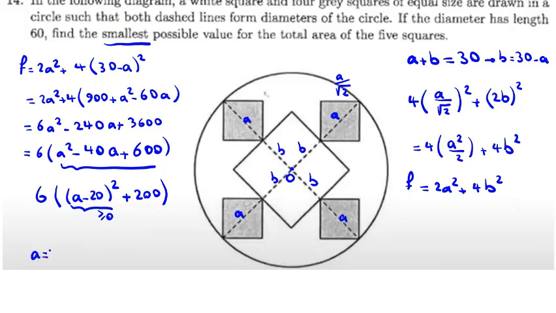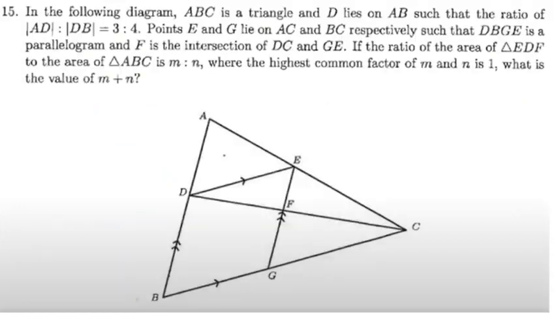So if a equals 20, then we have the minimum f, and it equals 6 times 200, which equals 1200, and this minimum happens when a equals 20, and because a plus b is 30, b equals 10. So the answer of this problem is 1200.